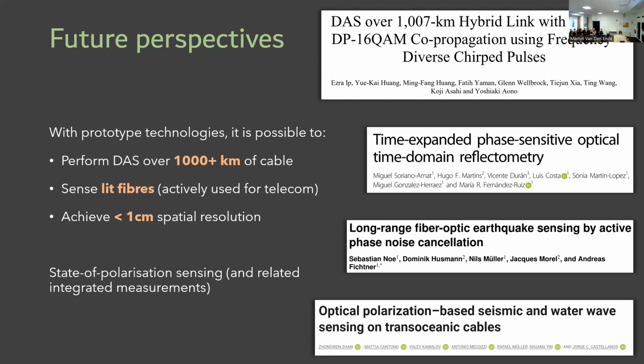You send in a pulse of light, you put a detector on the other end of the cable, and you measure the polarization of the light that comes out. If somewhere along the cable you have a perturbation, like an earthquake, then the polarization state changes over time. And so you can essentially record a waveform of the earthquake that occurred along this cable.